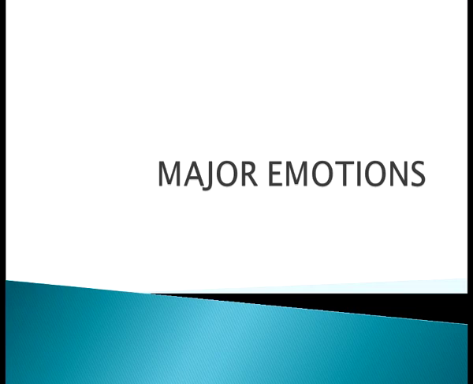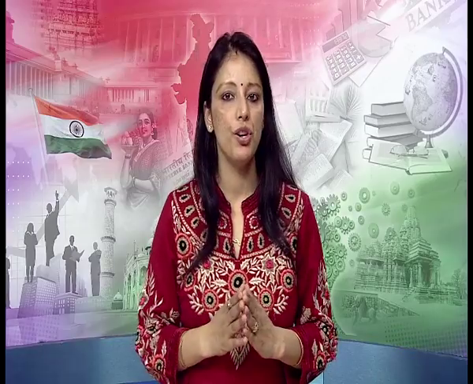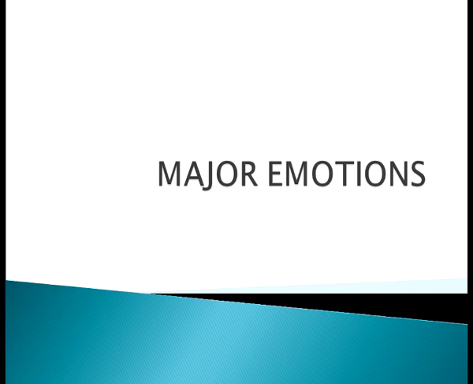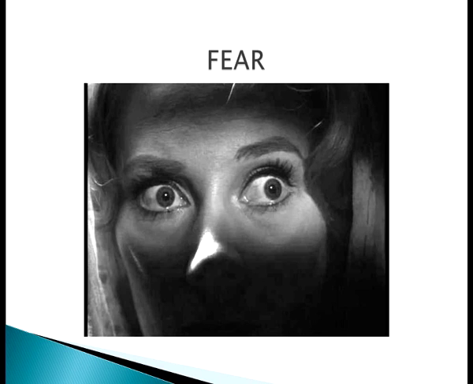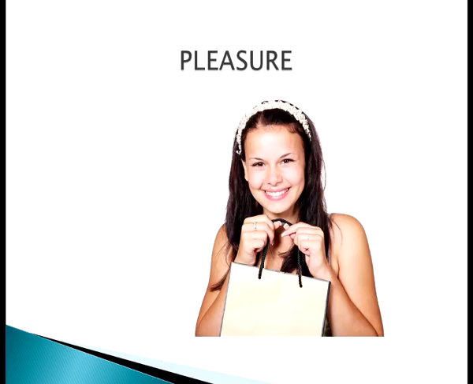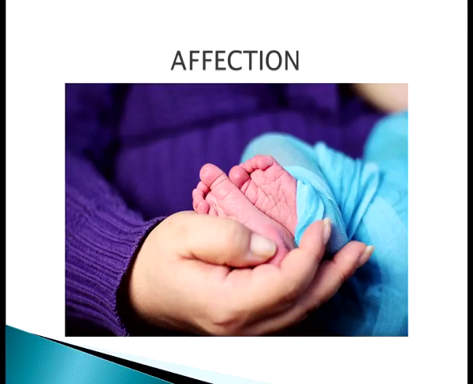Let us now come to another major point of discussion of today's program, which is the major emotions. The major emotions are fear, anxiety, pleasure and affection. These are some of the basic emotions that have been identified in human beings.